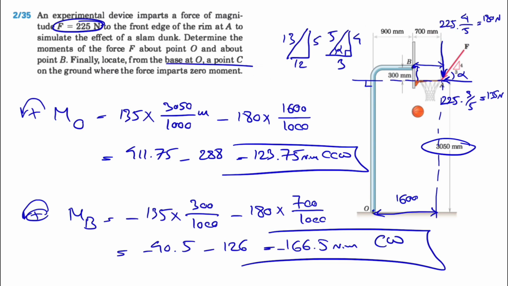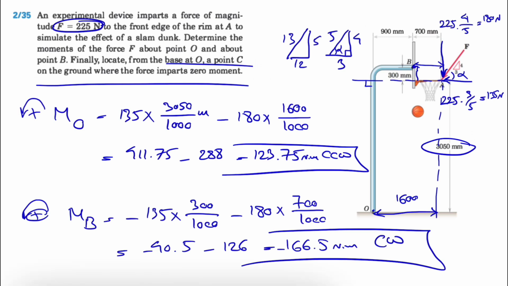In the last part of the question, we need to find the point C where the moment is 0. When the moment is 0, the point we are finding the moment about, which is point C, has to be on the line of action of the force.